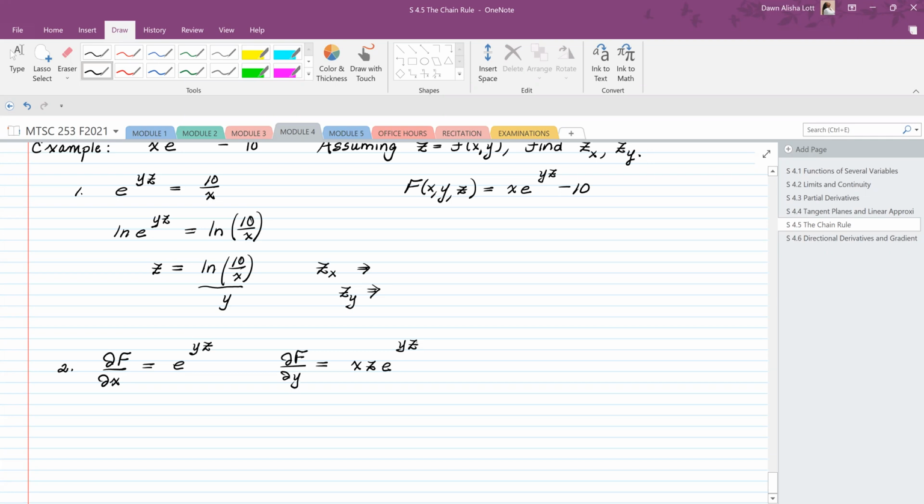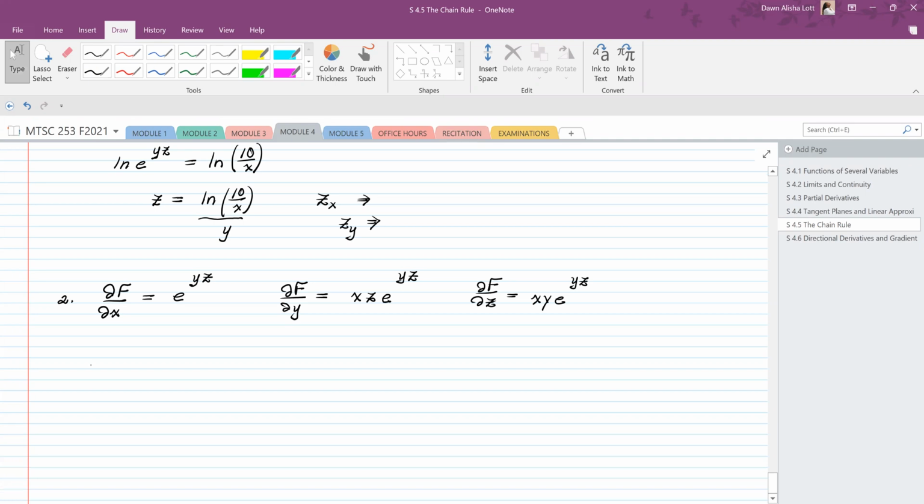No, xy. Yeah, partial with respect to y. So e to the yz, a z is going to come down. Yep. And then the partial of f with respect to z would be xy e to the yz.